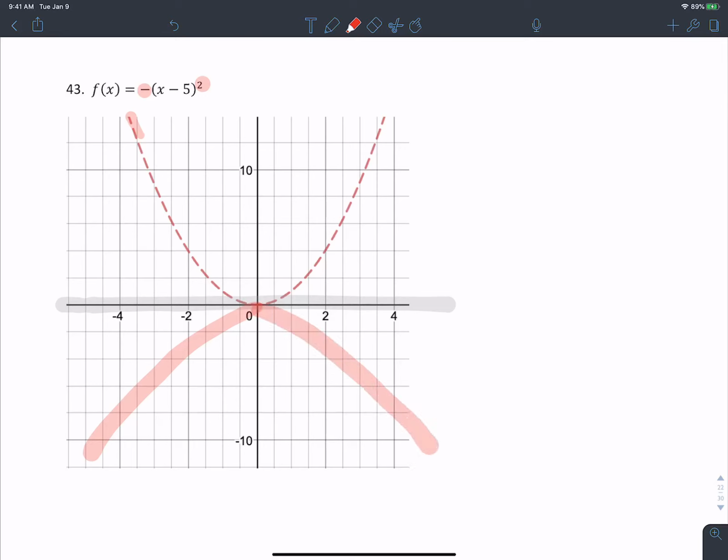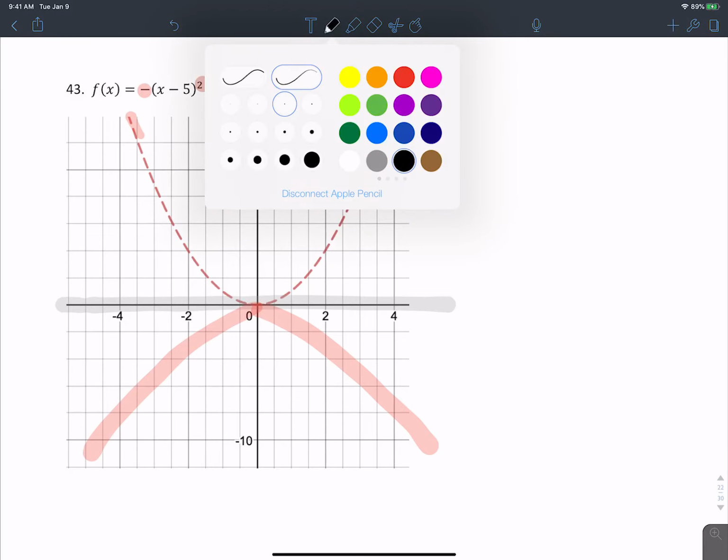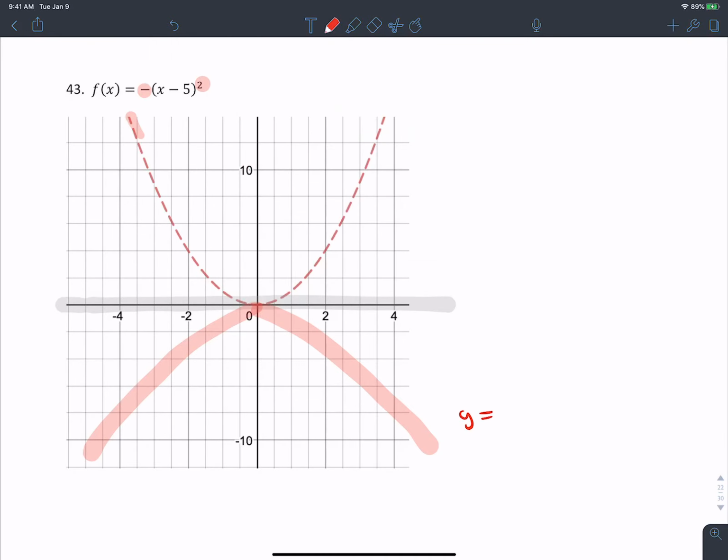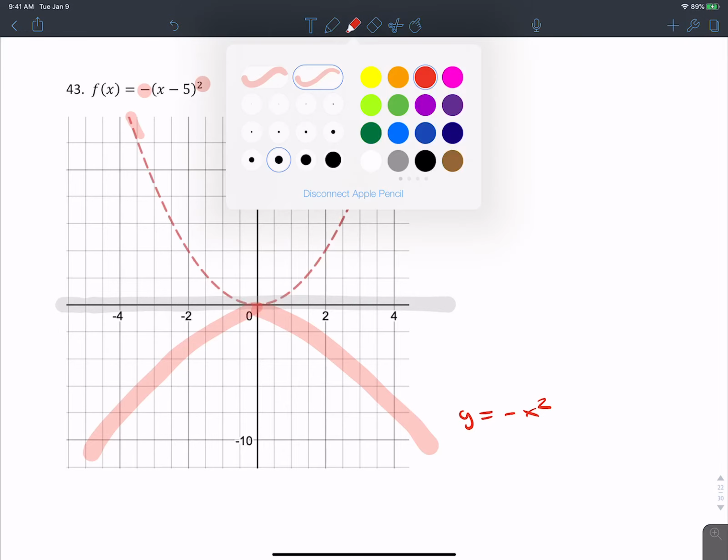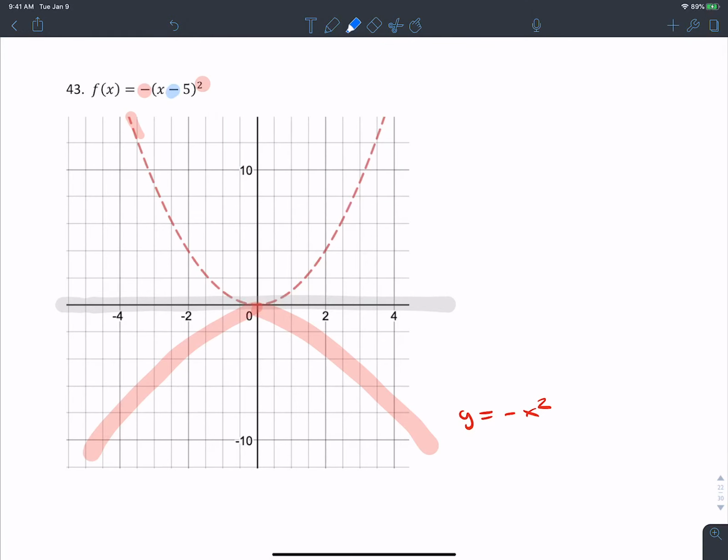is this parabola like we've been talking about. So this is actually the curve of y equals minus x squared. This is what we have to move. We should say this is -5, so we have to move that curve. You have to shift this 5 units to the right.